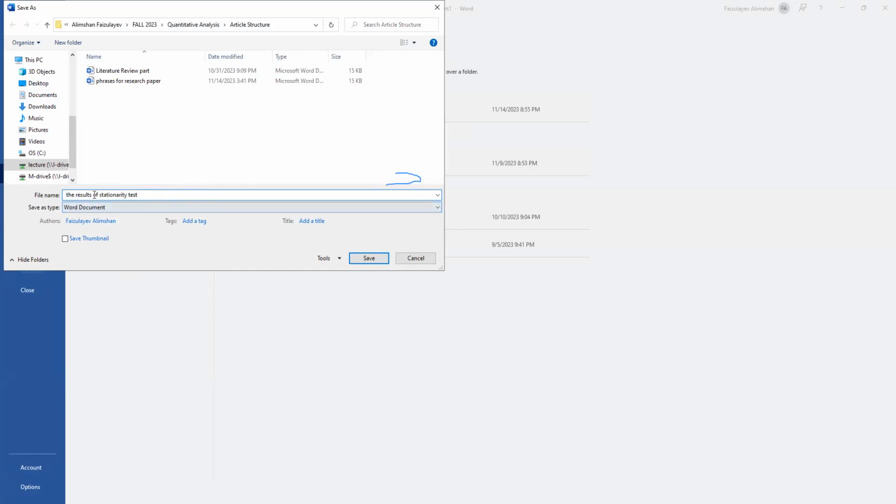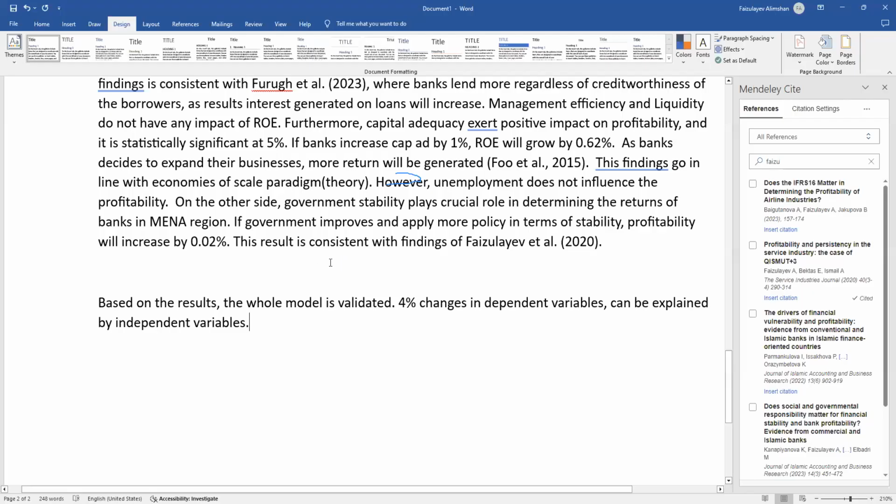Results. Details are usually included by background, and so on.